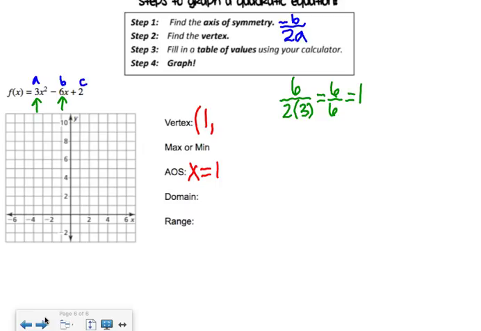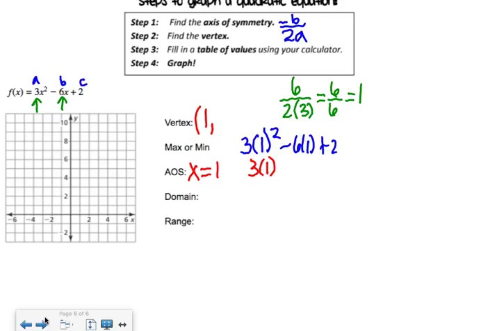We just plug in. So now I'm going to plug this 1 into our equation. So I'm going to have 3 times 1 squared minus 6 times 1 plus 2. Now some of you can just punch that into your calculator. If you're comfortable doing that, go ahead. But I'll just work it out in here since you can't see that I have a calculator. So 1 squared is just 1, so I'll have 3 times 1.